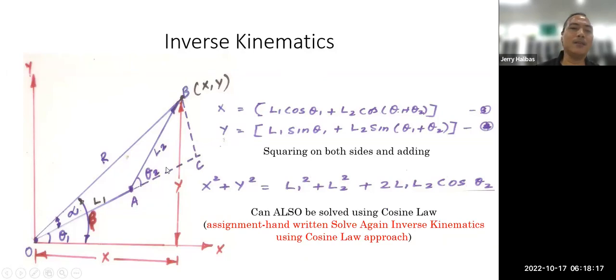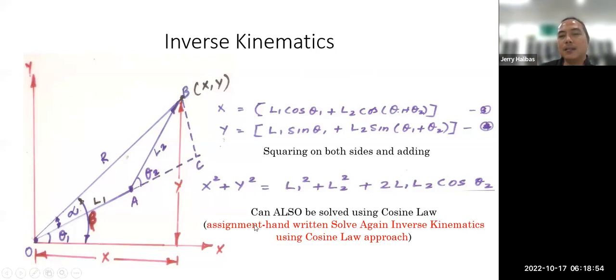If you remember the cosine law, it has a minus here. So x squared plus y squared is equal to L1 squared plus L2 squared minus 2 L1 L2 cosine of something, not theta 2 but something. Okay? The cosine law has a shorter solution than this one. So, that is your assignment.